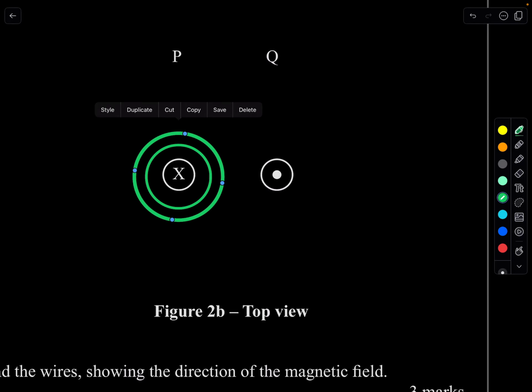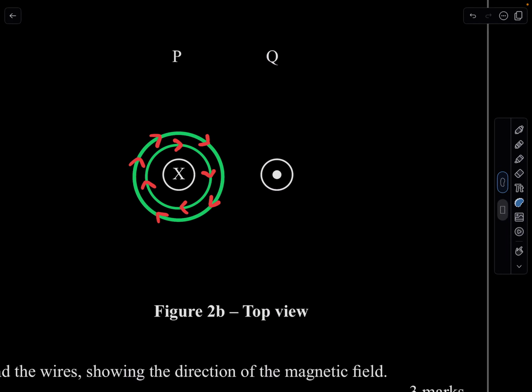Basically, it will look like this. If I'm putting my hand into the page, the field is going to move like this. Done. That's how it's going to move.